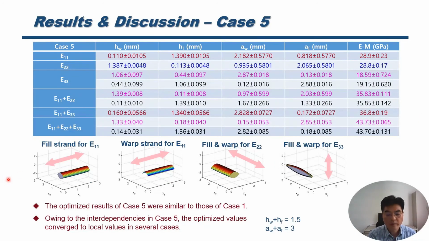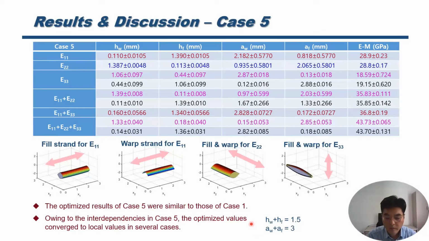Okay, in case 5, HW and HF are dependent on each other, and AW and AF are dependent on each other. The reason why we did this simulation is that we were curious about what will happen to the optimized structure if the thickness and width are dependent. Generally, the optimized results of case 5 were similar to those of case 1.